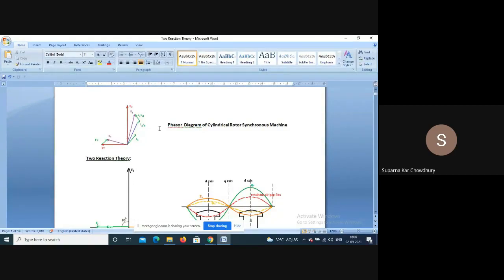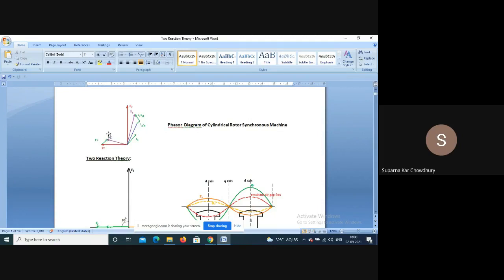Now, when the machine is loaded, carrying a current IA, neglecting saturation, the armature reaction will be proportional to IA. So FA is in phase with IA. So now we have two MMFs, the excitation MMF FF and the armature reaction MMF FA. The resultant MMF FR is the vector summation of these two.